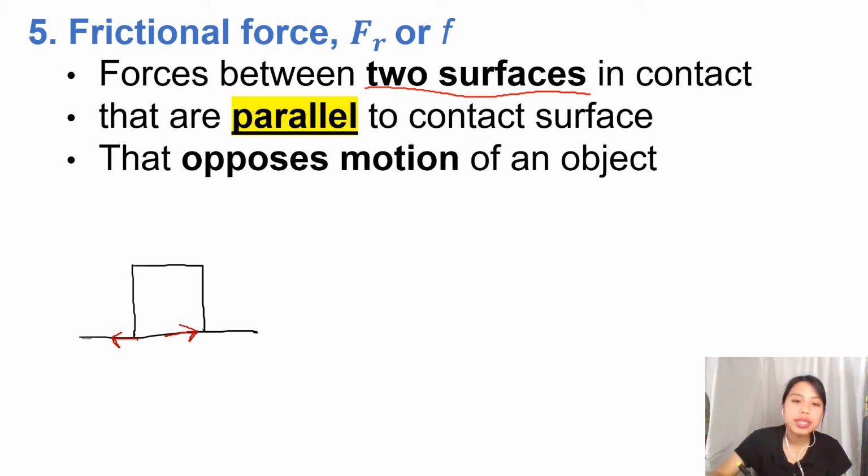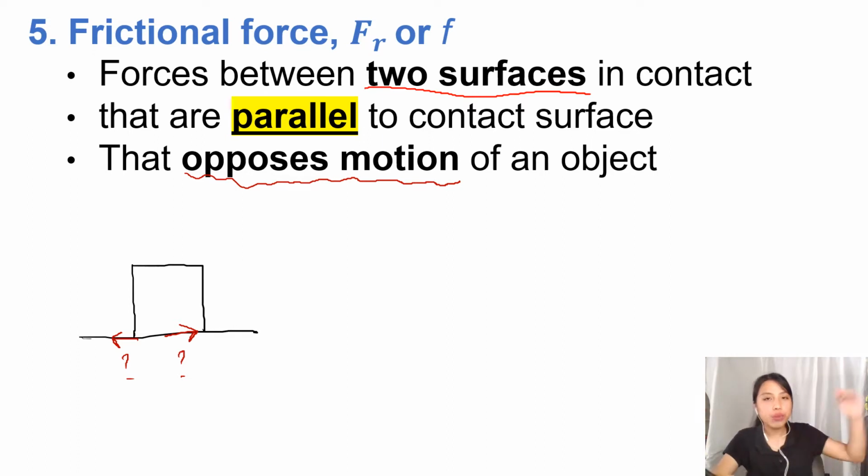One more thing to notice is, just now we said we don't know which direction, right? Is friction this way or this way? We can know if we think about the motion of the object. If it's moving to the right, then friction is to the left. If it's the other way, then the friction will change direction. Basically, friction wants to stop the object moving.